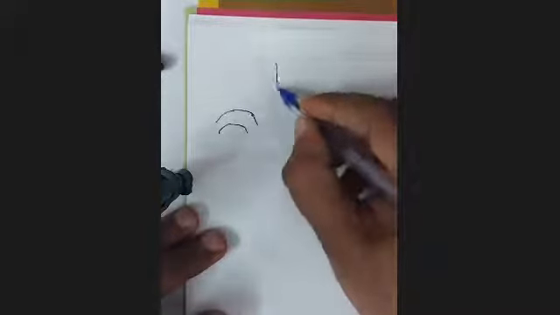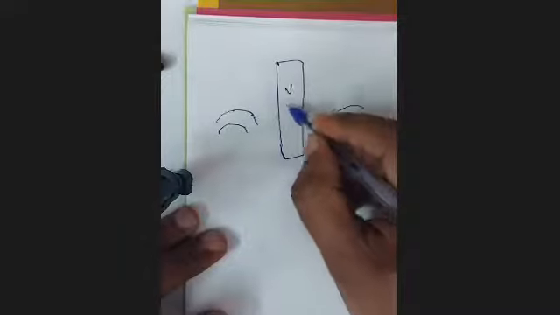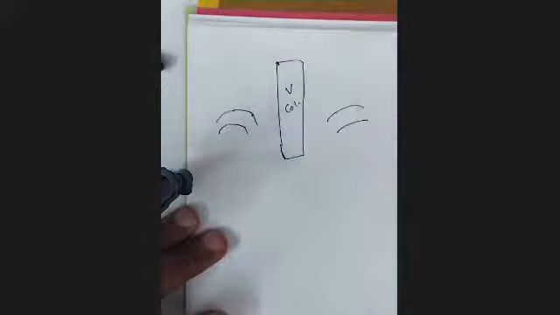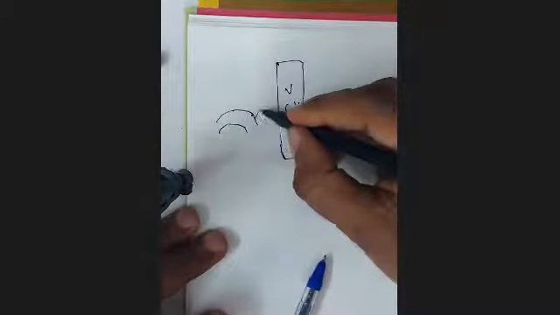To tell you in short about the vertebral artery, these are the two subclavian arteries on either side, and this is the vertebral column. The vertebral arteries arise from the first part.